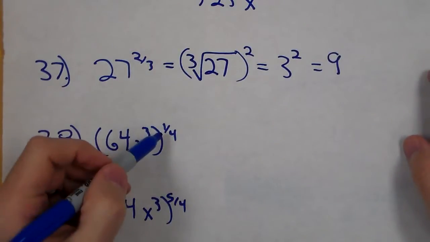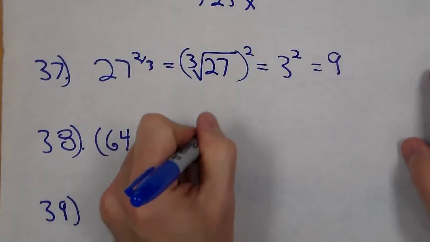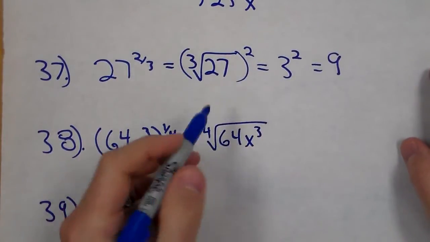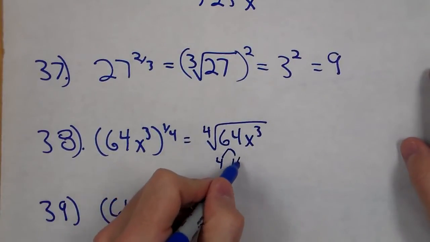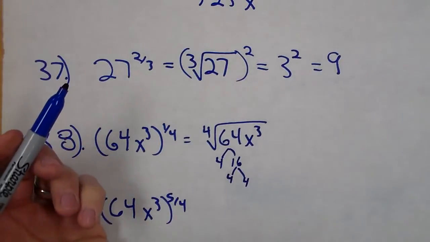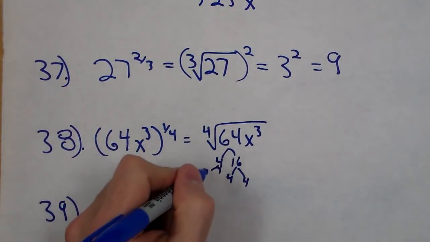For number 38, it's the 4th root of 64 x to the 3rd. The 4th root of 64, 64 is 4 times 16, which is 4 times 4, and it doesn't look like it's going to simplify down, so we need to look at simplifying what else we got.